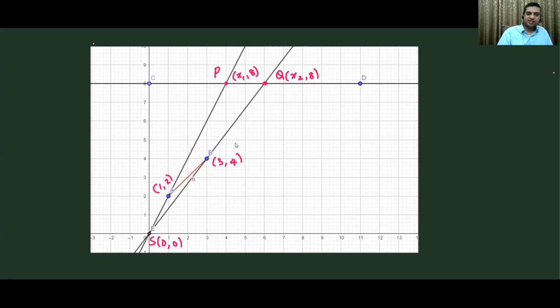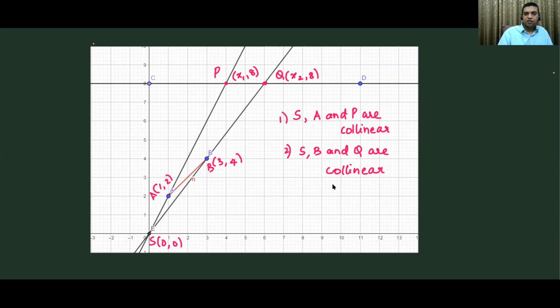Now this is A, this is B. So S, A and P are collinear, correct? Then this is one condition. Now S, B and Q are collinear, so we can apply the collinearity condition.